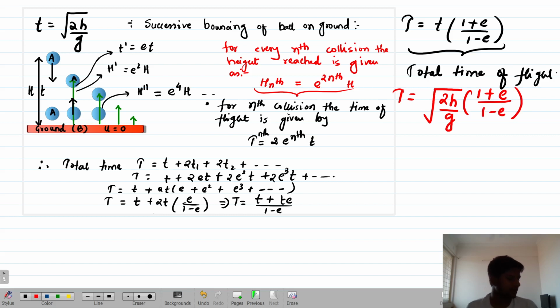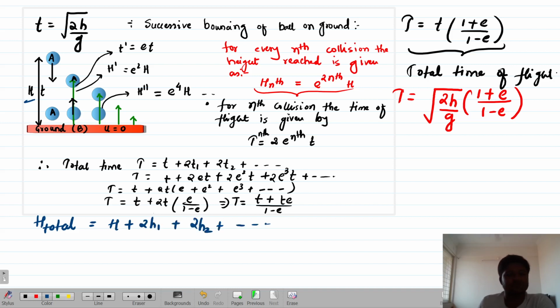Similarly, there can be total displacement after which the ball will stop. So H total is given as h plus twice of h1 plus twice of h2 and so on.